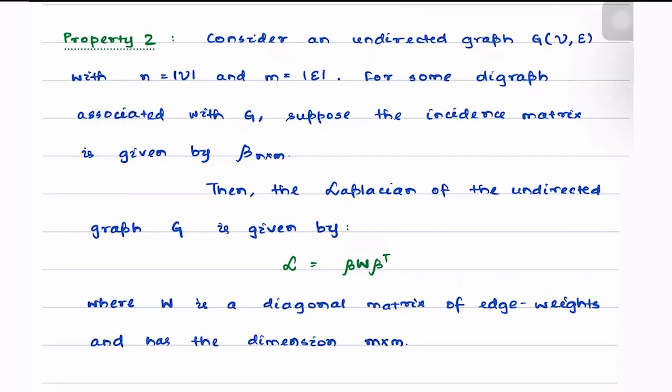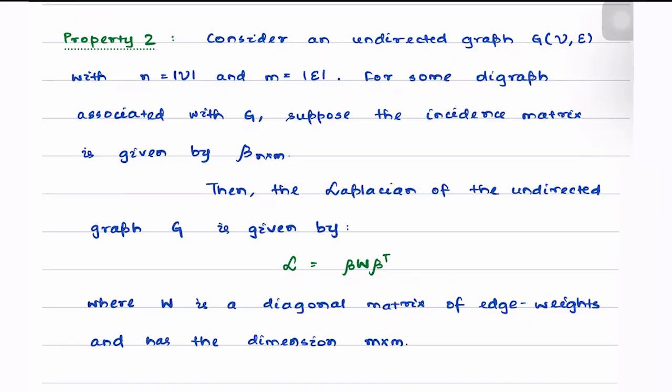So let's look at this expression one more time. The left-hand side of this expression has the Laplacian of a graph. But which graph? It has the Laplacian of the undirected graph. On the right-hand side, we have the incidence matrix. Now, this incidence matrix is associated with some digraph that we constructed using the undirected graph.